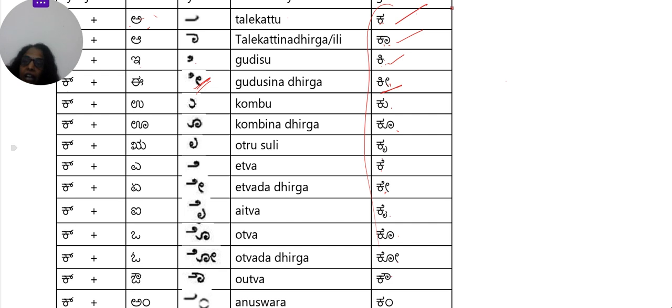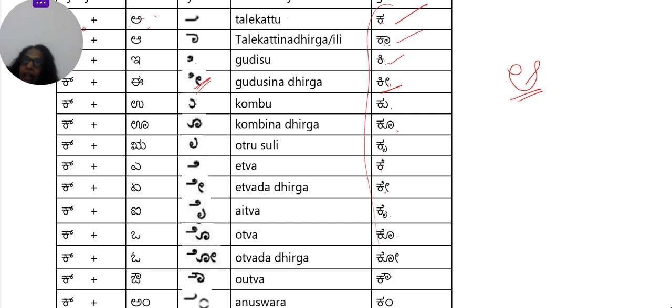Each video will be just the addition of one swara. Like in my next video, I will teach how to add this to all the 34 consonants, so that writing becomes easier. You get to learn how to write the Gunitakshara symbols.